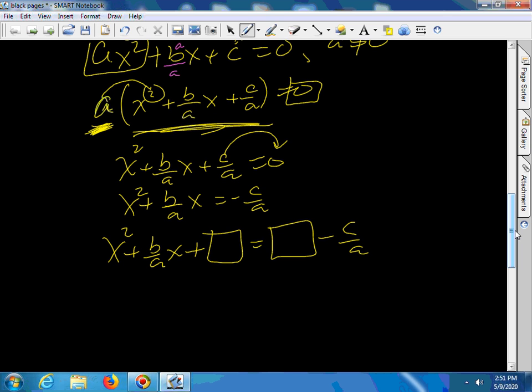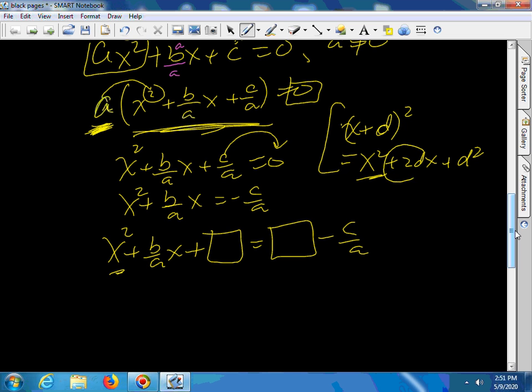And if you look at a perfect square, if you have x plus d squared, well, you get x squared plus 2dx plus d squared. And we have like the x squared, and 2d is like b over a. Now, the question is, what could you do to 2d?